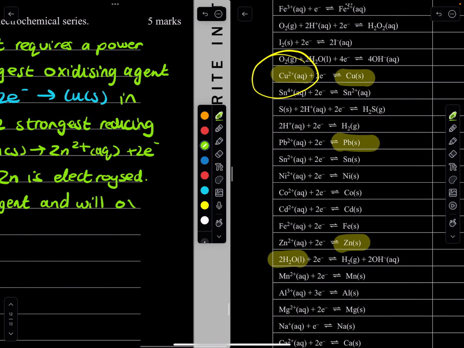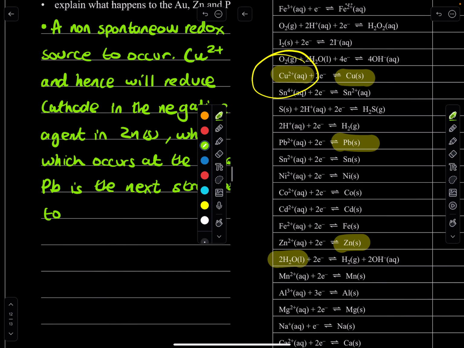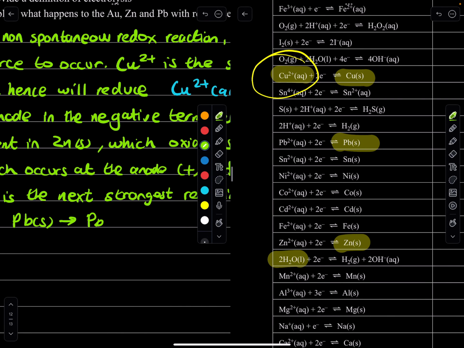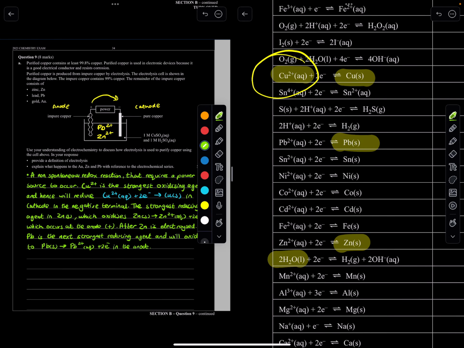Pb solid goes to Pb 2 plus aqueous plus 2 electrons in the anode. Done. There's a little bit of detail for the first marks, of course, but hopefully when you read it, it's understandable.